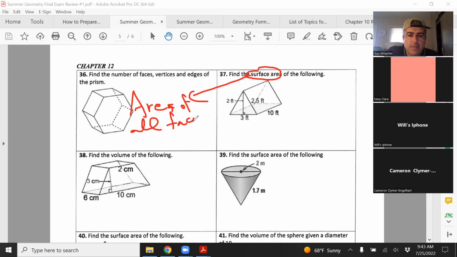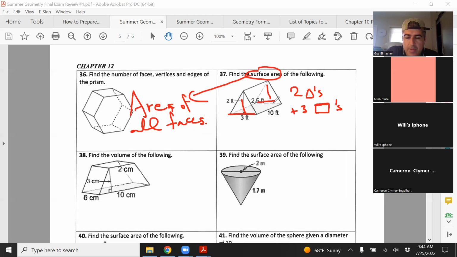Okay. We'll clearly have two triangles and three rectangles. Okay, the triangles obviously have a base of 3 and a height of 2.